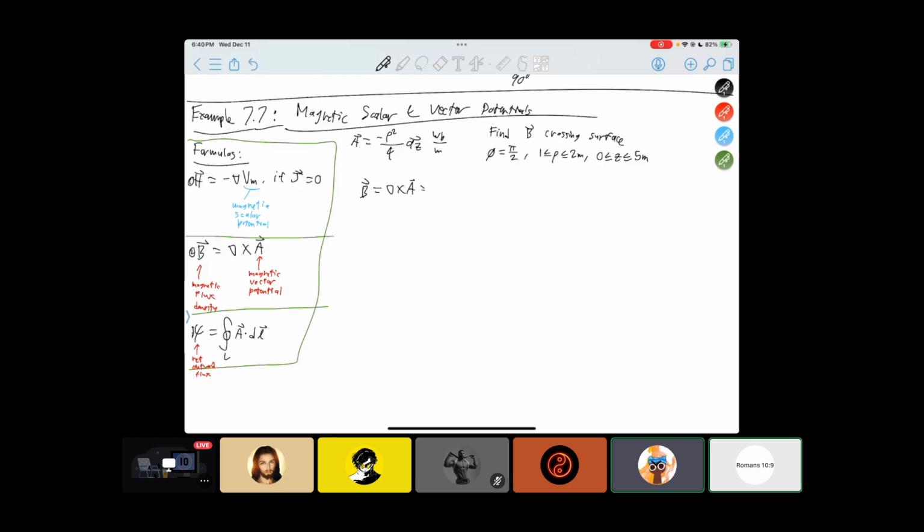Well, method 1 would be pretty easy if I just had the formula for the cross product. Let me just paste the formula for the cross product.